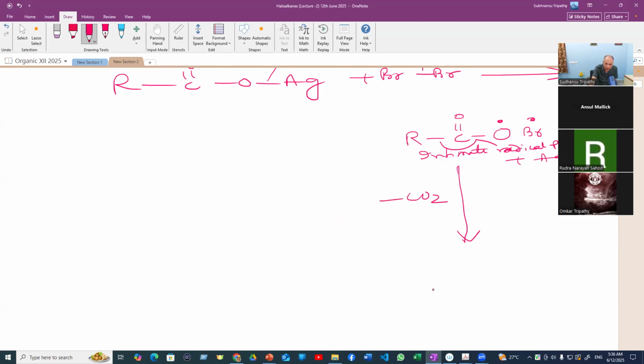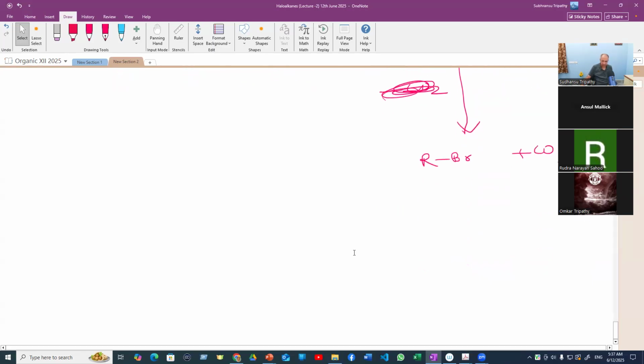So the Br dot and R dot combine to produce RBr plus CO2. So this goes via a radical pair mechanism that has been established.